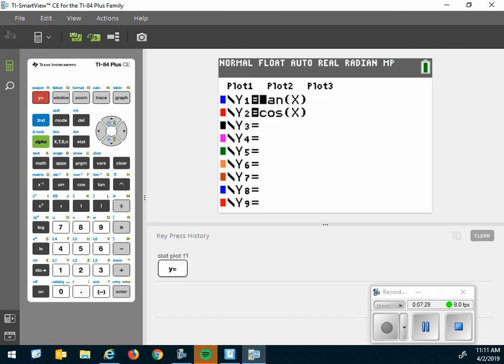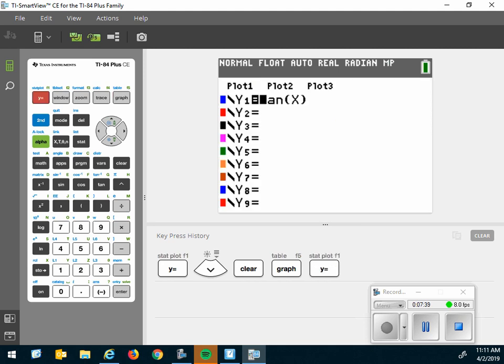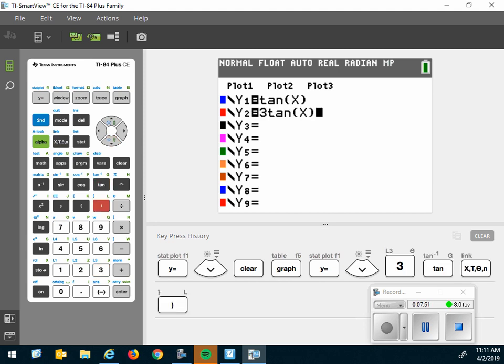So, how in heaven's name are we going to have an amplitude on that graph? Go down to y2. Make sure you have tangent x in y1. Go down to y2 and put 3 tangent x.